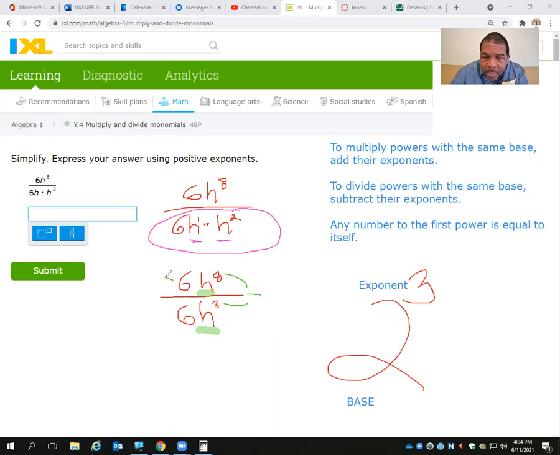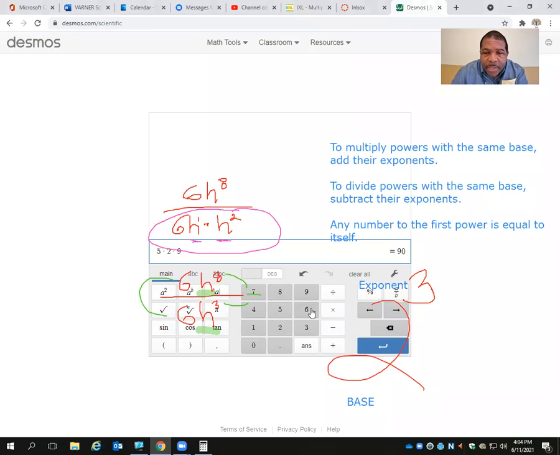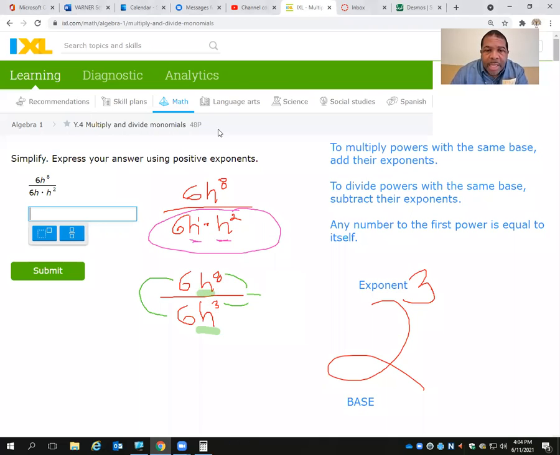And on this part, I'm going to do 6 divided by 6, which is pretty easy. 6 divided by 6 is 1. So my number is going to be 1. And 8 minus 3 is 5. So I should have 1h5.